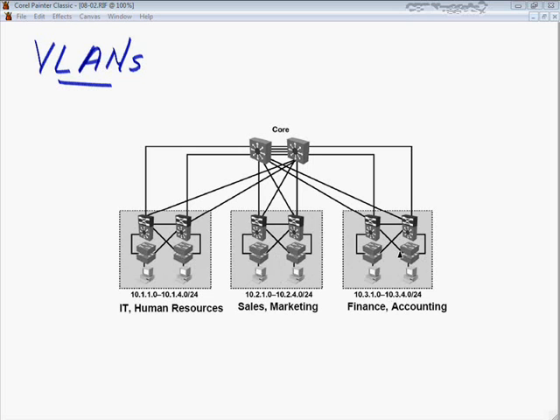Think about this. If I had 5 floors of a building, and I wanted to have individual people from the Human Resources Department represented on each of these 5 floors. I wanted to have 2 or 3 people spread out throughout the entire organization to facilitate my organization and human resources. In other words, I don't want them all to be located in one small area.